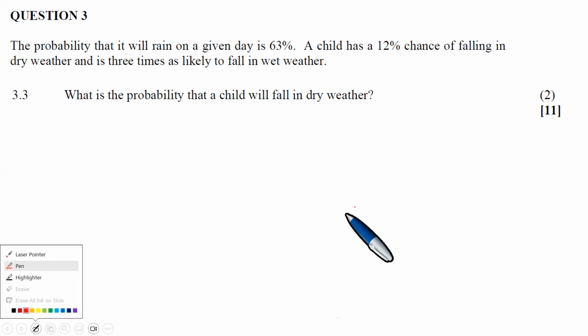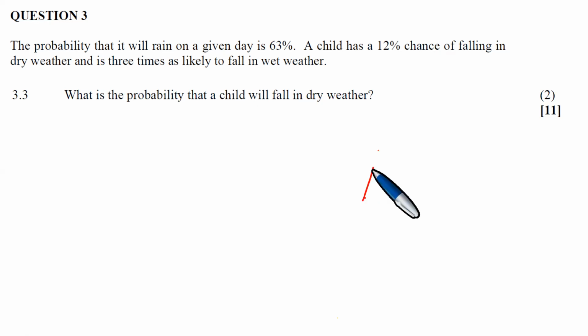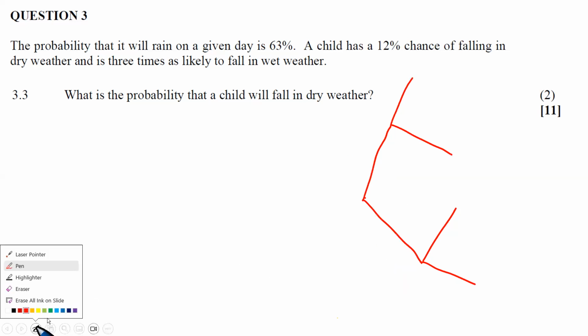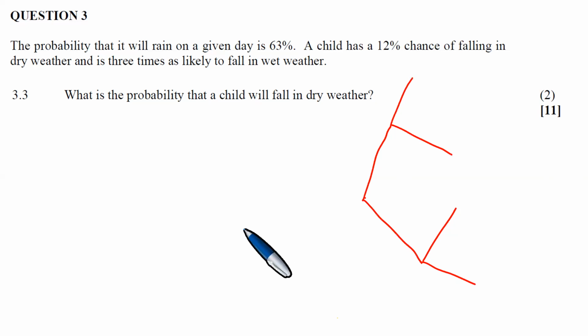The tree diagram we already know, so allow me to just sketch it quickly. Put some percentages here, like your 63% and 37%. You can do rain and no rain.